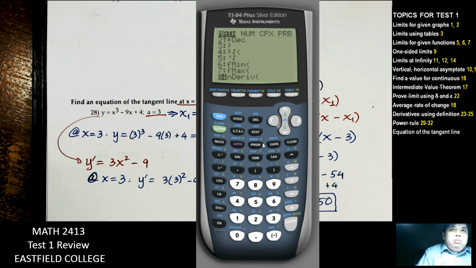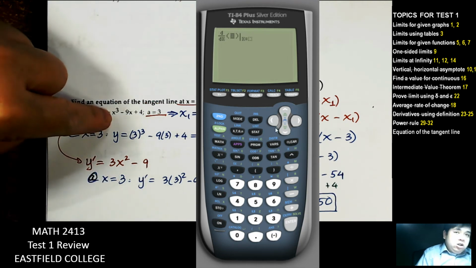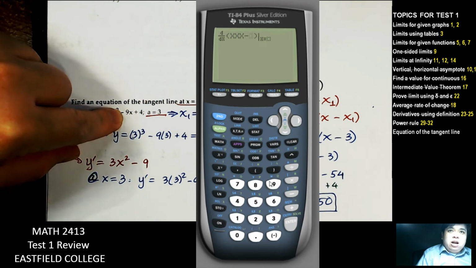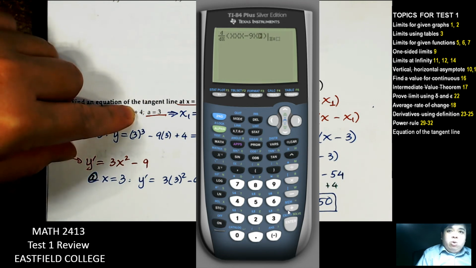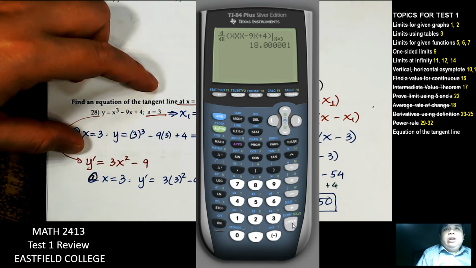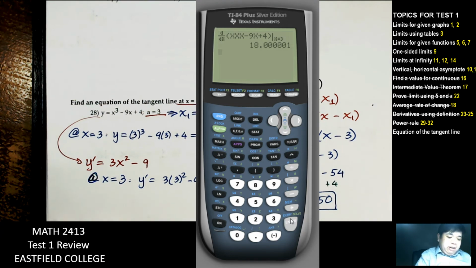If I put that in, it is easy to see: derivative with respect to x. The function is x cubed minus 9x plus 4, and the value of x equal to 3, and we have 18, close to 18.